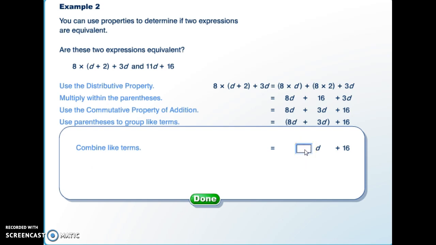Combine like terms. Type your answer. That's right. The correct answer is 11.